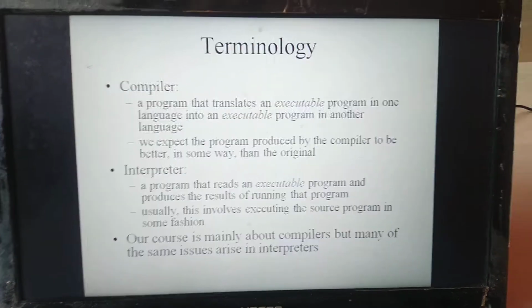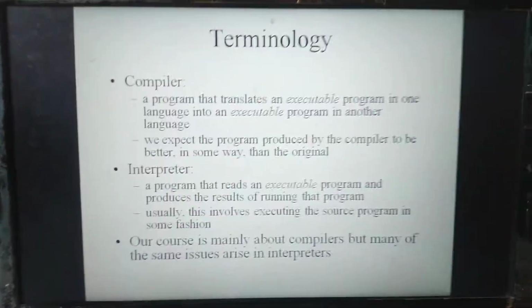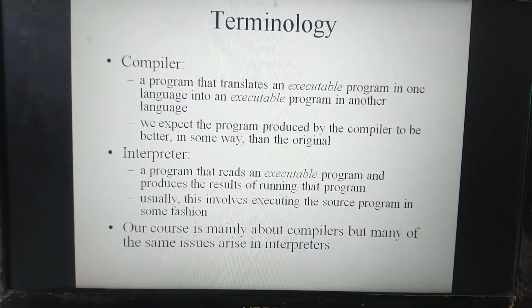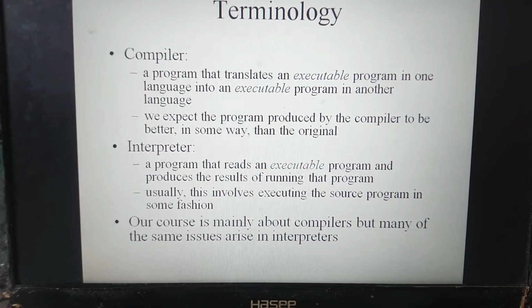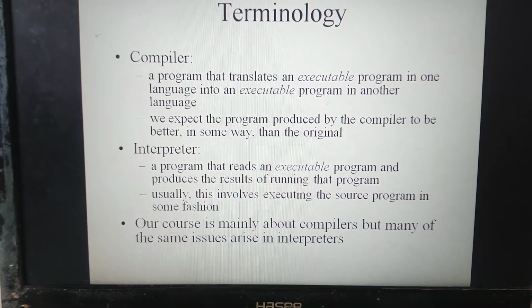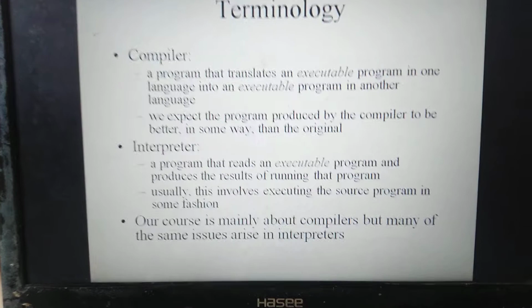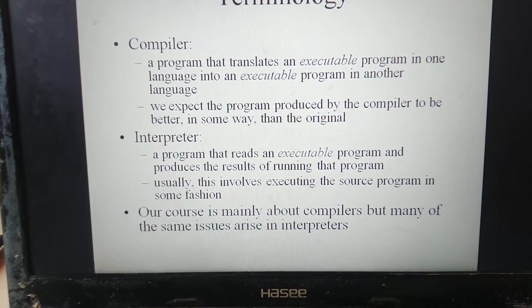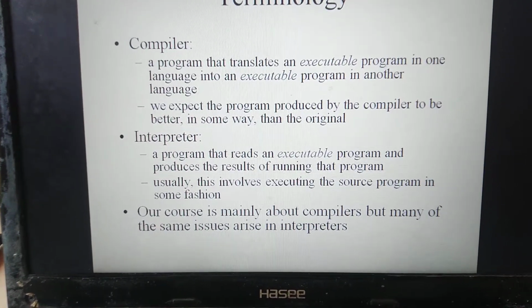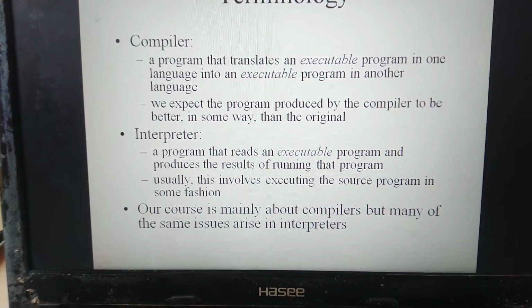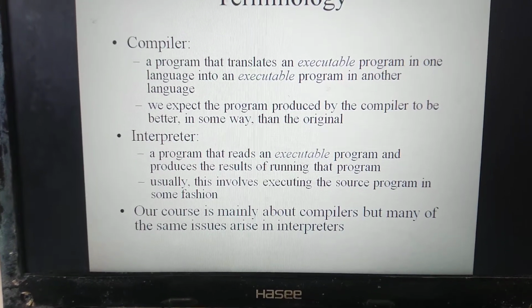Before we start, the following terminology. According to the definition, a compiler is nothing but a program that translates an executable program in one language into an executable program in another language. We expect the program produced by the compiler to be better in some way than its original.